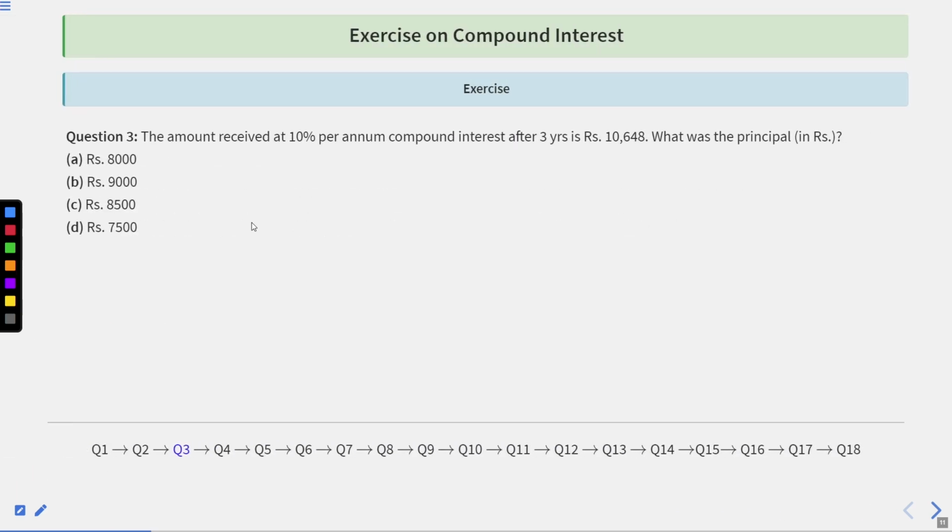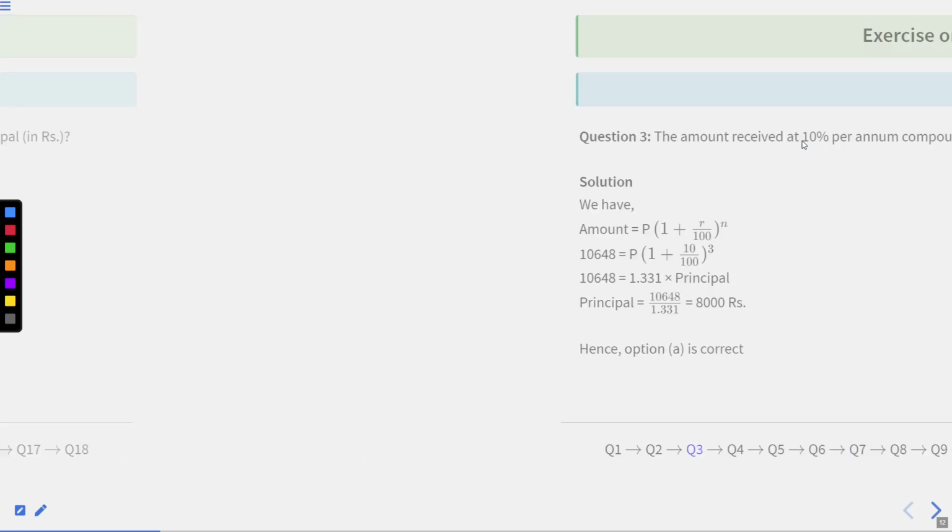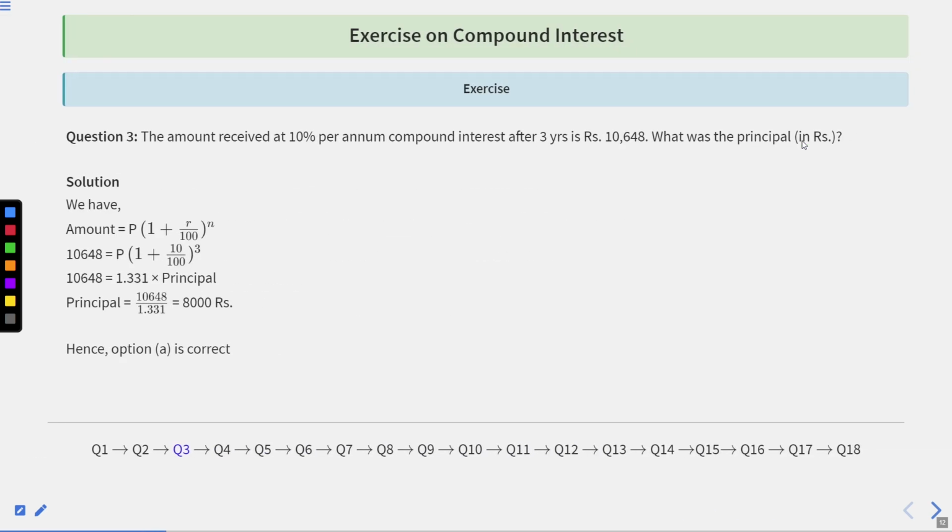Question number 3. The amount received at 10% per annum compound interest after 3 years is rupees 10,648. What was the principal in rupees? So the solution: we have amount equal to P times (1 plus R upon 100) to the power n.